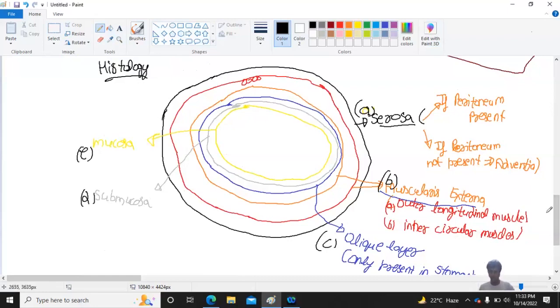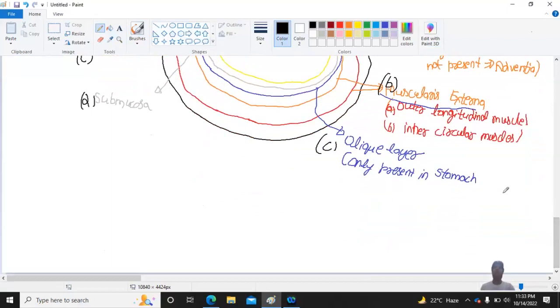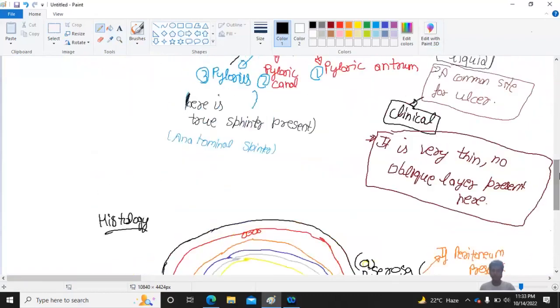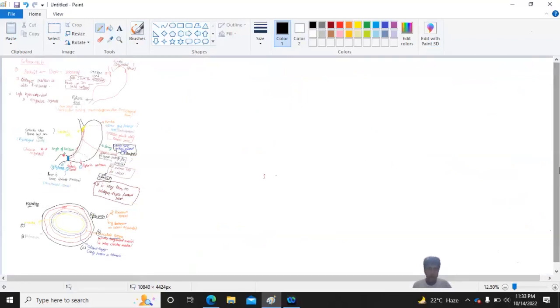After this, we come to the important point, blood supply, nerve supply. Before this, we revise the previous. These are the important markings of the stomach we have covered.